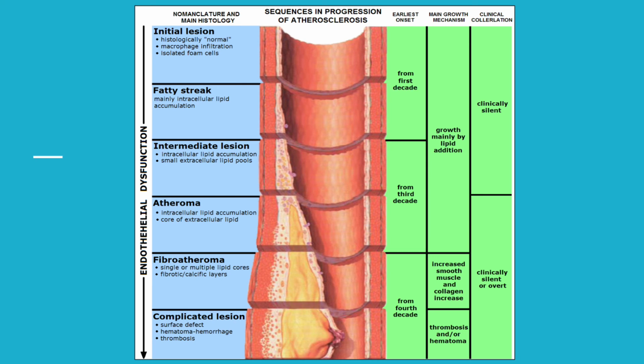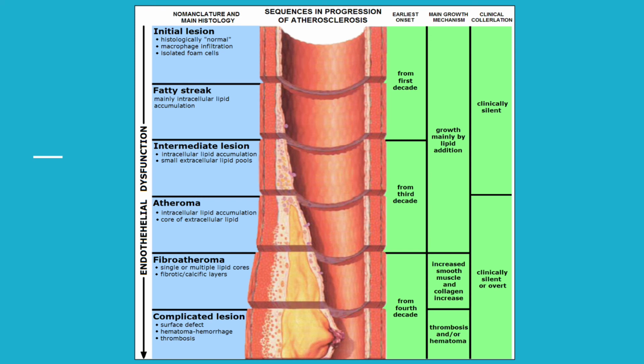Fibroatheroma is essentially an atheroma covered with increased layers of smooth muscle and collagen. Fibroatheroma can be clinically overt or silent from around the fourth decade. The lesion can be complicated by surface defects of the fibroatheroma, which can then cause bleeding into the plaque and hematoma.